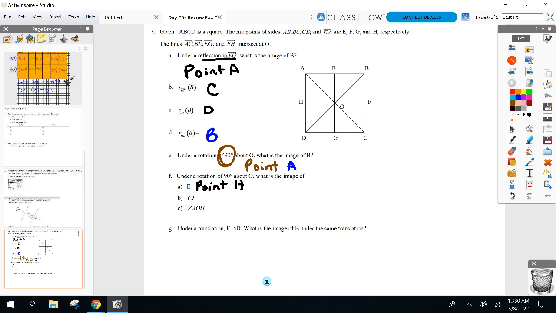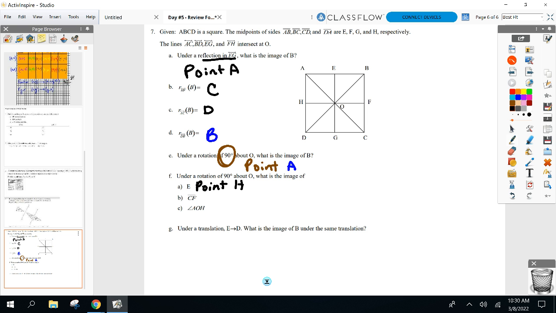All right, I don't want you to get freaked out. I'm asking you to rotate line segment CF. That's the same as doing point C and point F. That's all it is. Rotate point C and point F, connect them, and see what segment you end up with. Rotating a line segment is just the same as rotating each individual point. So if you take CF, rotate it 90, where would it end up?